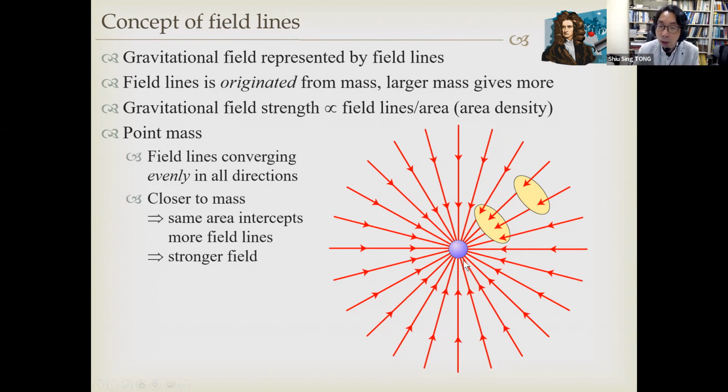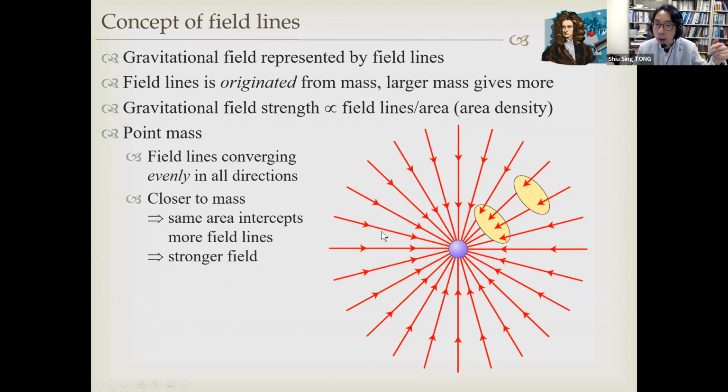We draw lines from infinity converging to that point mass, and the distribution of the lines is symmetrical, even in all directions, because of spherical symmetry.